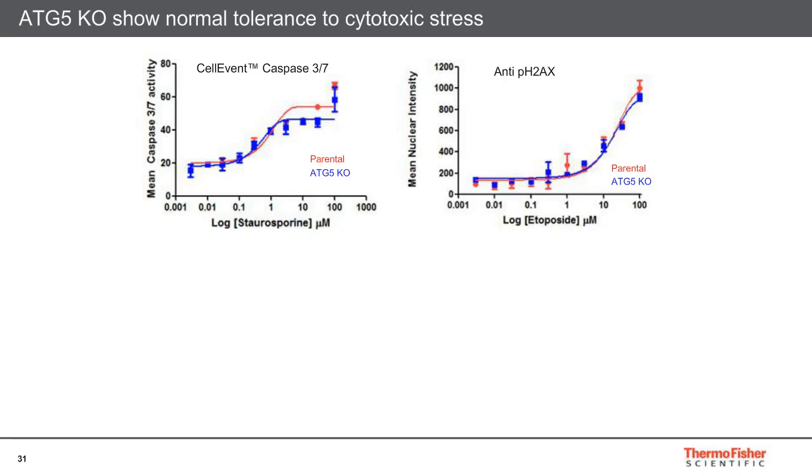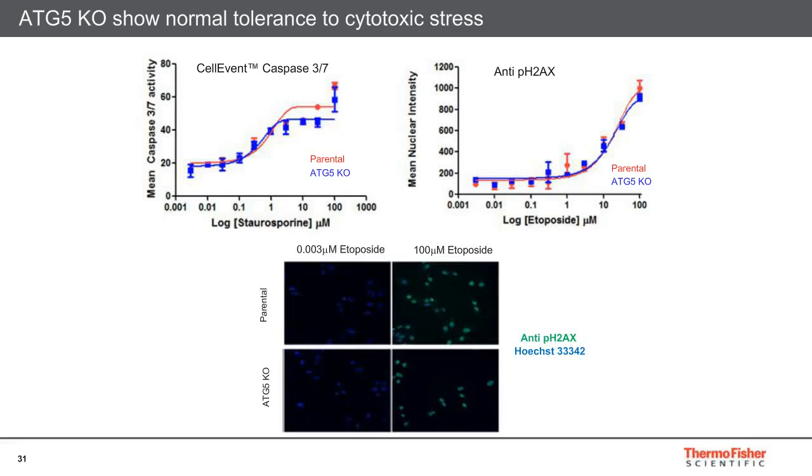This DNA damage was detected using the phosphorylated H2AX antibody, and the same thing is shown in the images below, where with 100 micromolar etoposide treatment, the levels of pH2AX are comparable in both cell types, ATG5 knockout as well as parental.